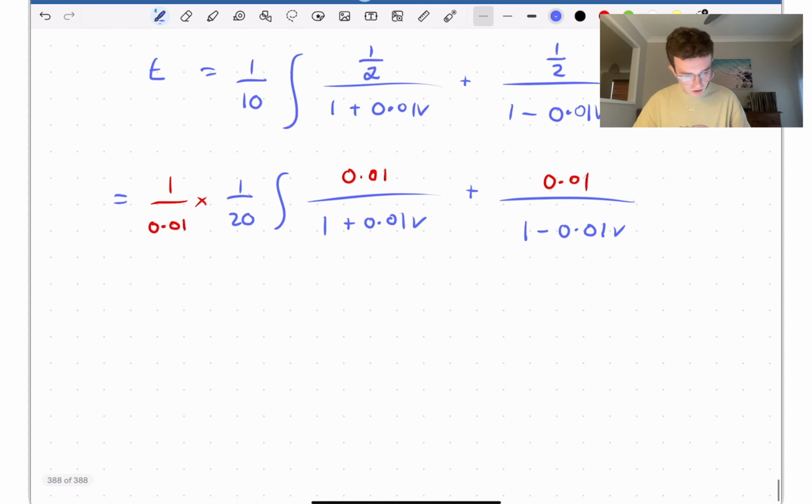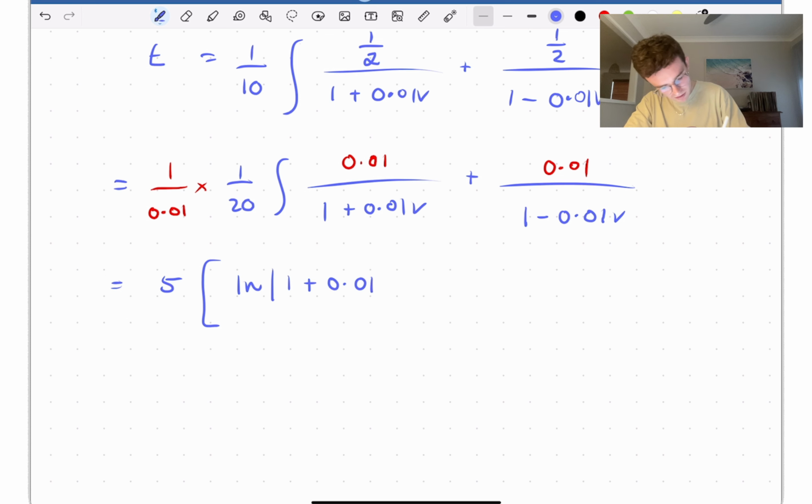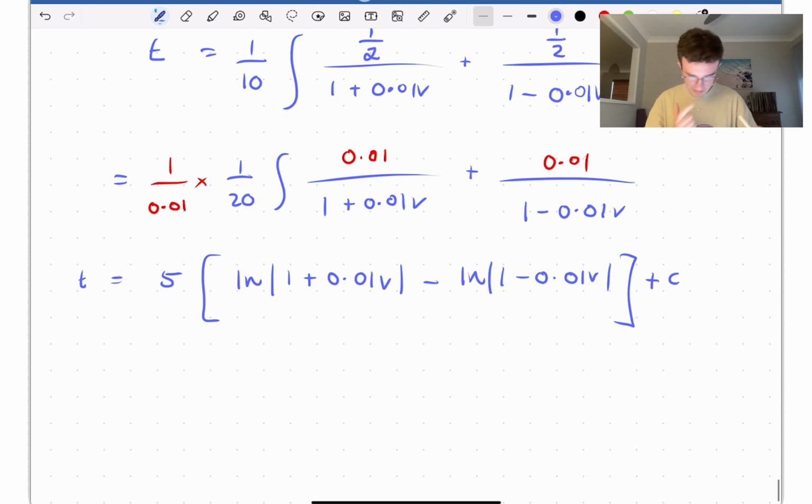Now 1 over 0.01 times 1 over 20 is 5. So this is 5 ln outside of big brackets, ln of 1 plus 0.01 v minus, that minus comes from here, ln of 1 minus 0.01 v, plus c, and that's equal to time.